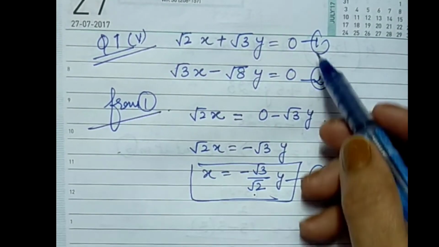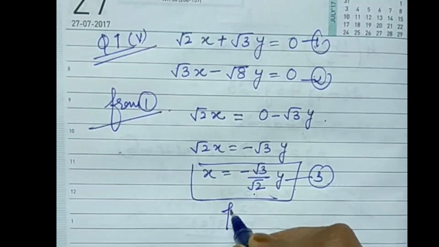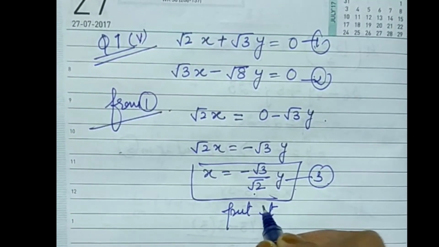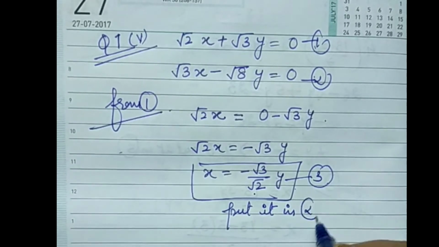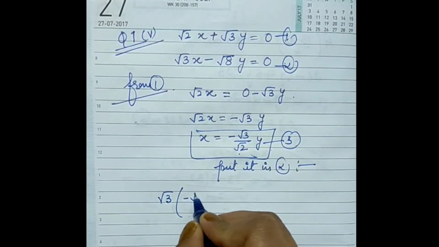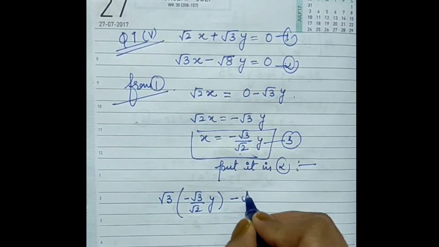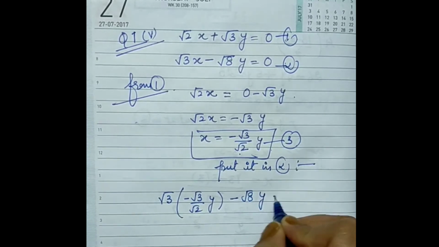As we have taken it from the first, we are going to substitute it in the second. So root 3x, x means minus root 3 over root 2 y, minus root 8y is equal to 0.